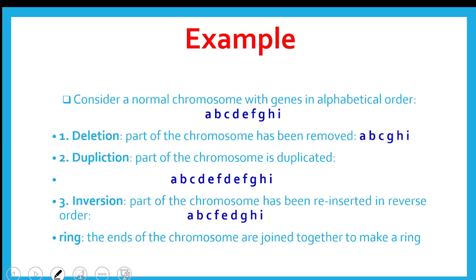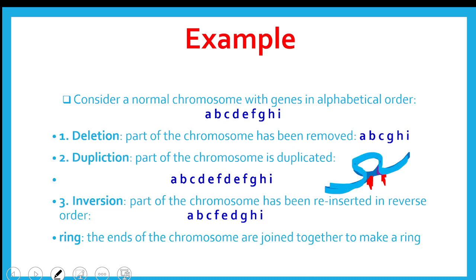And when there is a rotation through 180 degrees, followed by breakage at these two locations and rejoining at these points, it results in a chromosome with this order.